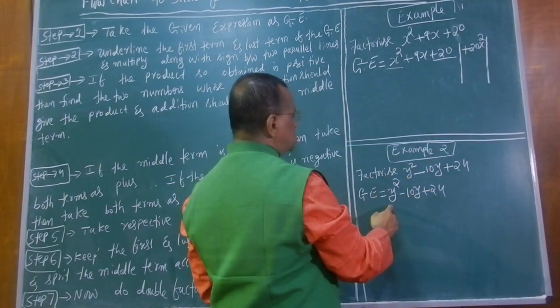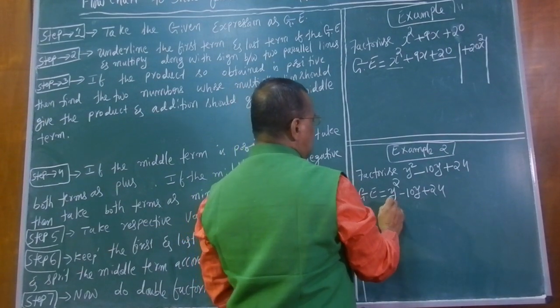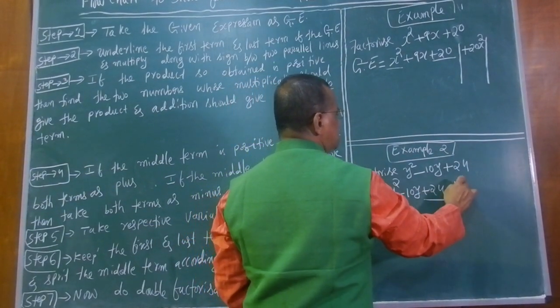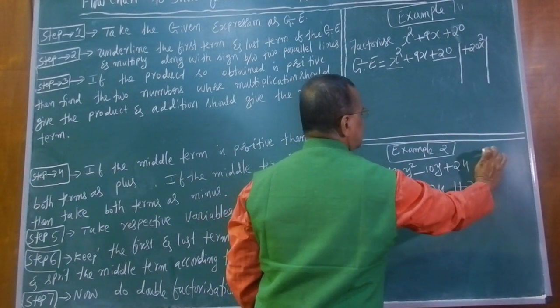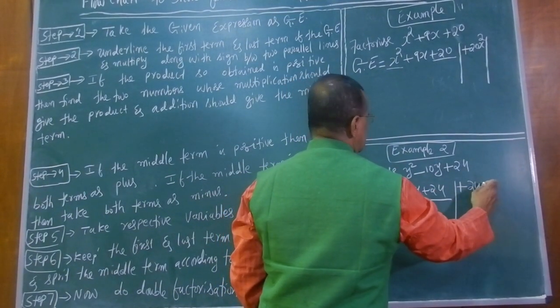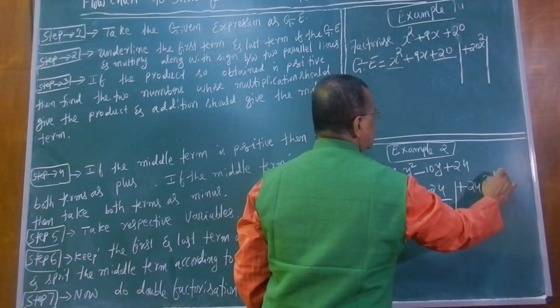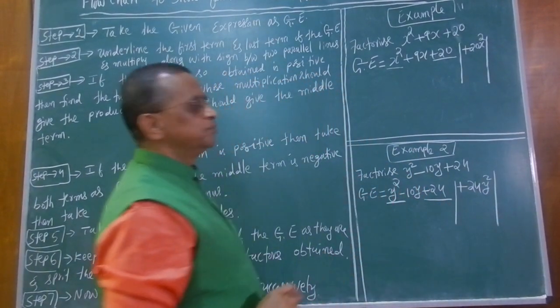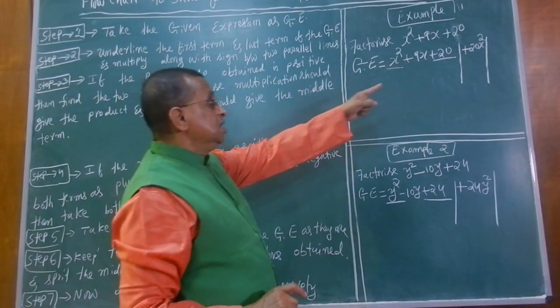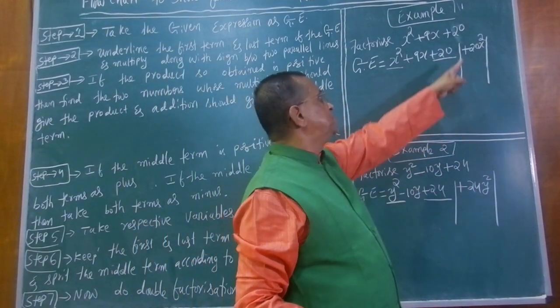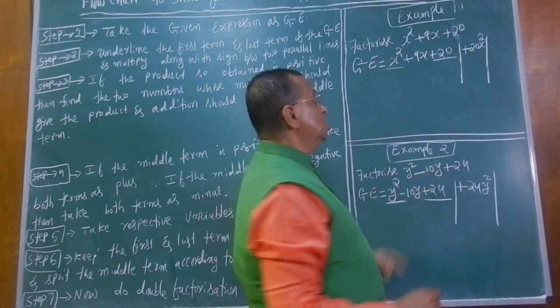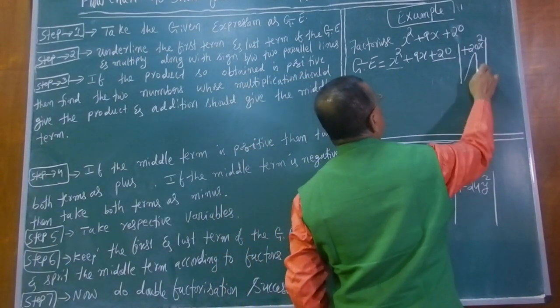In this case also, we underline the first term and last term and multiply along with the sign between the two parallel lines. Therefore, we get plus 24 y square. Here, in both the cases, the product so obtained is positive. Therefore, we have to find two numbers.